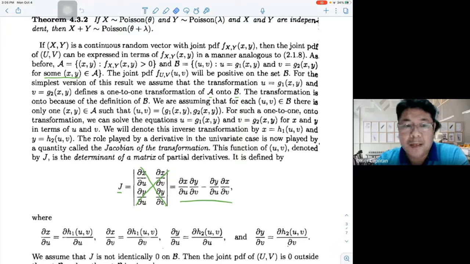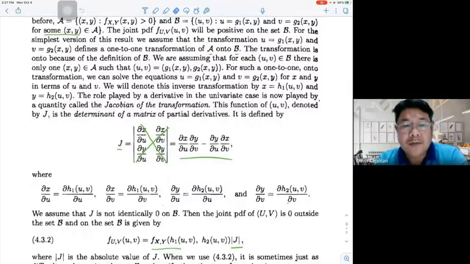That is for some XY in the set script A. So if we assume that we have a one-to-one transformation from script A onto script B, then we can find the inverse transformation by having X to be the function H sub 1 of UV and Y to be the function H sub 2 of UV.